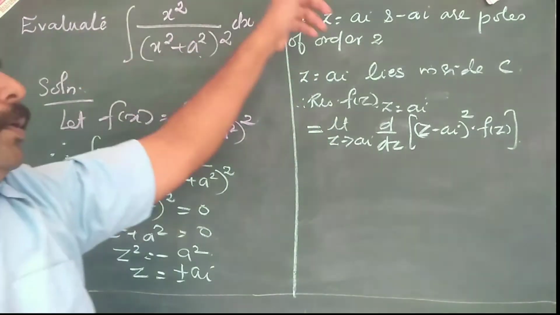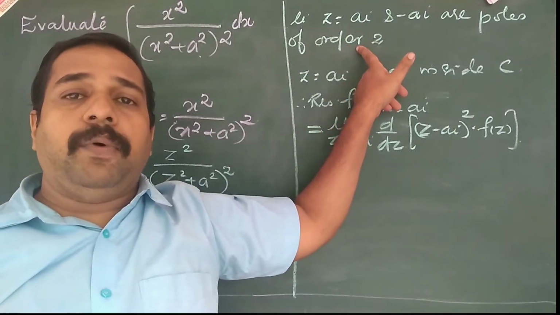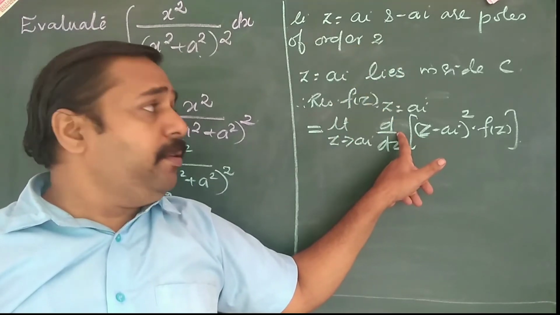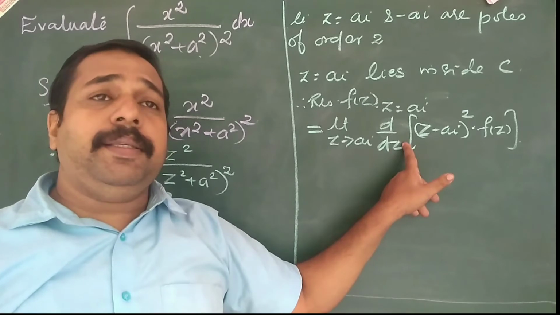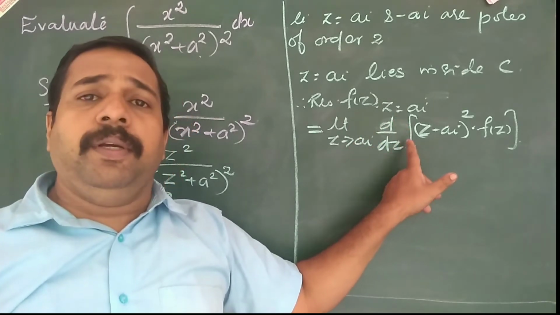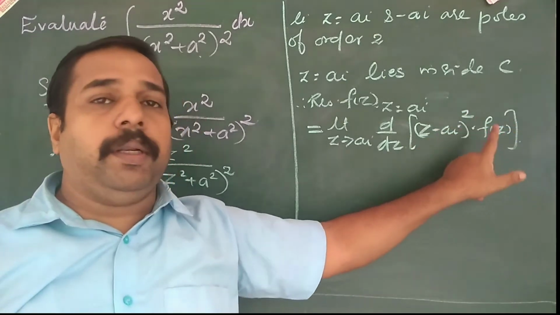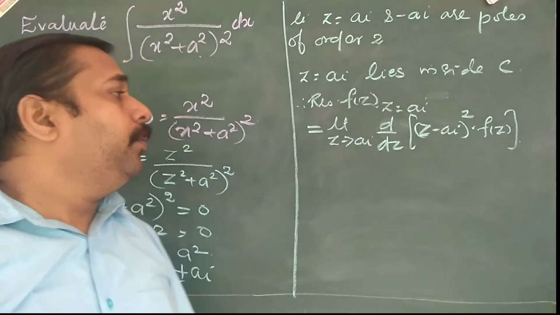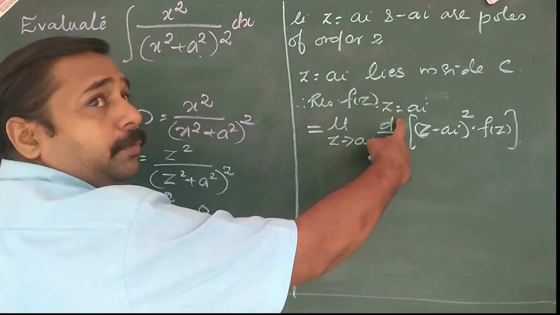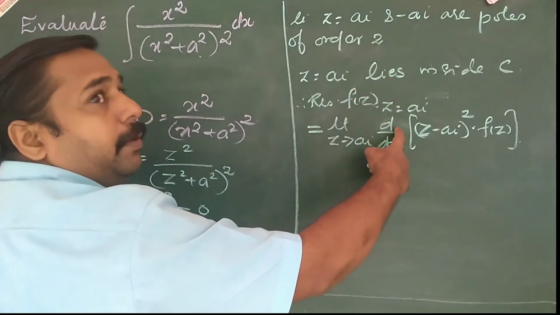So this is a pole of order 2, so we can apply the differentiation condition. The formula is limit z tends to ai d by dz of (z minus ai) the whole square into f of z. Order 2 means first derivative, order 3 means second derivative.